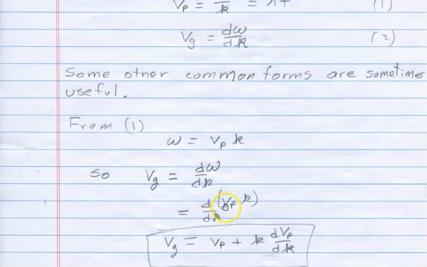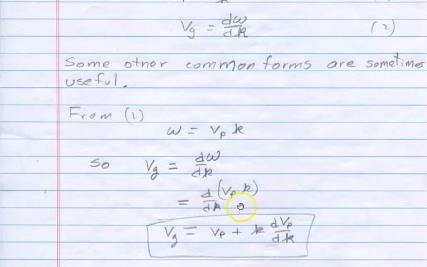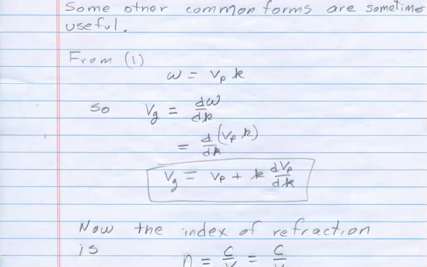And so it's really just the product rule. So take the derivative of that: Vp times the derivative of k, which is 1, plus k times the derivative of Vp with respect to k. And so we get the first relationship that sometimes is useful.